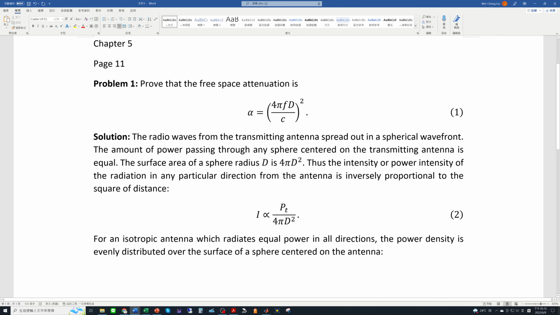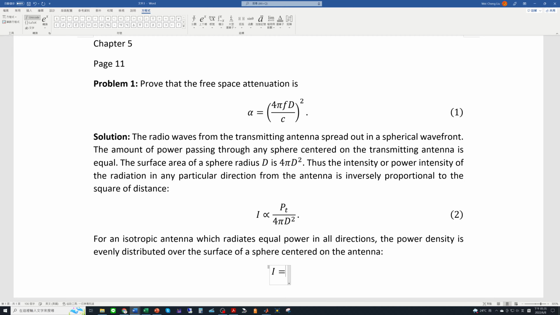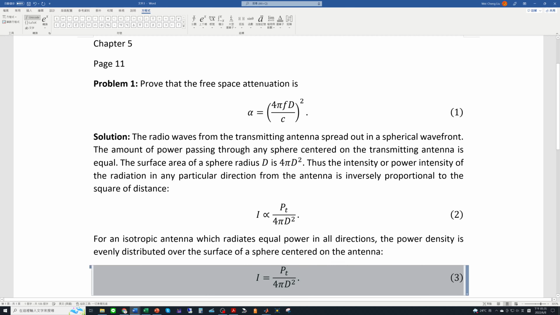So I is equal to PT over 4 pi d squared.